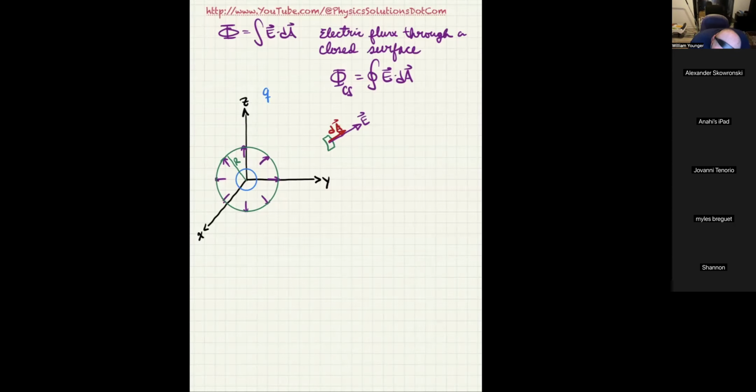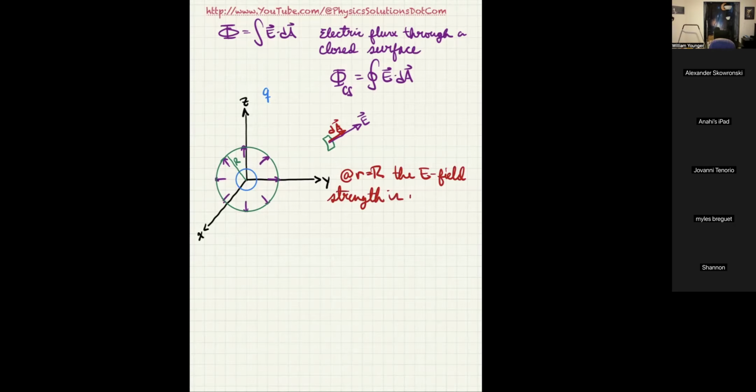So when I go to calculate the electric flux here, what I know is the magnitude of the electric field. At r equals R, the E field strength is E equals Q over 4 pi epsilon naught R squared.